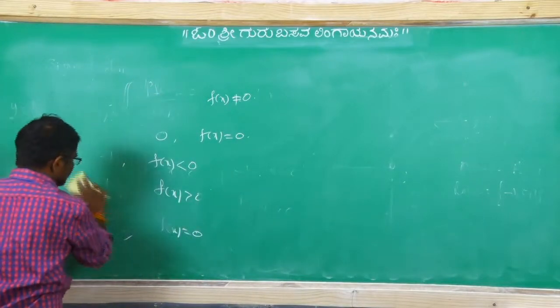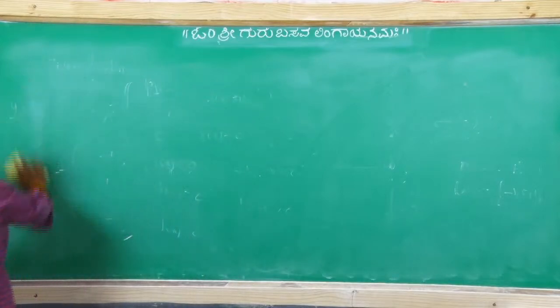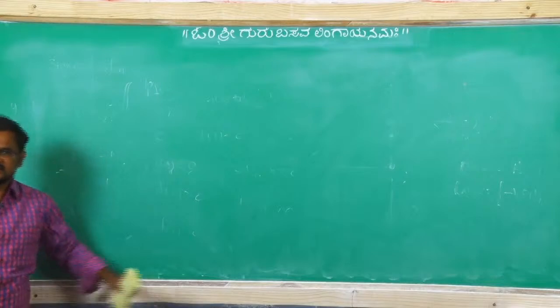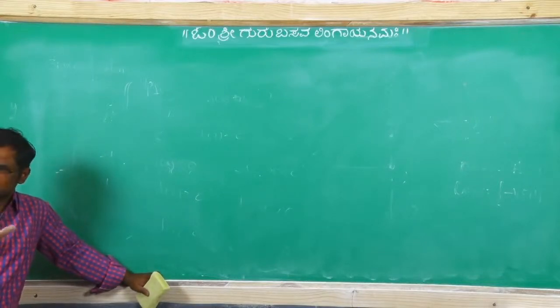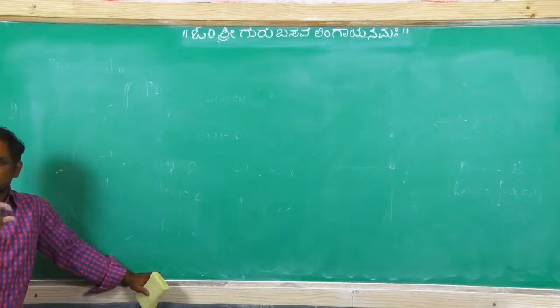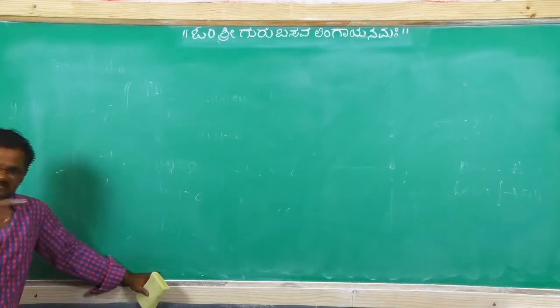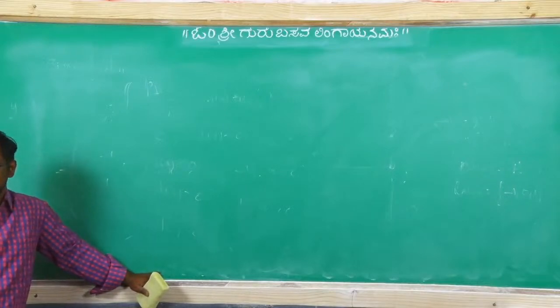This is a very small function, the Signum function. Actually there are problems also, but I am not going into problems. Only how to take that function, what the definition is, and how to apply it on some problems. Properties we are not taking, because that is one of the topics in the functions chapter, where we have to discuss it actually.